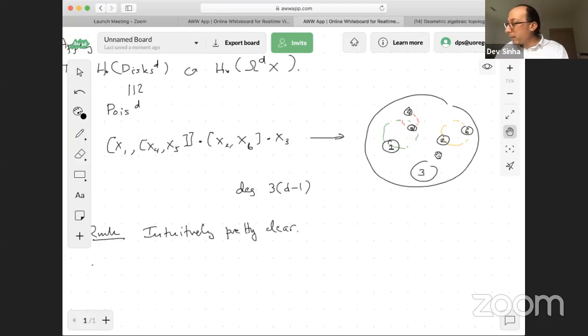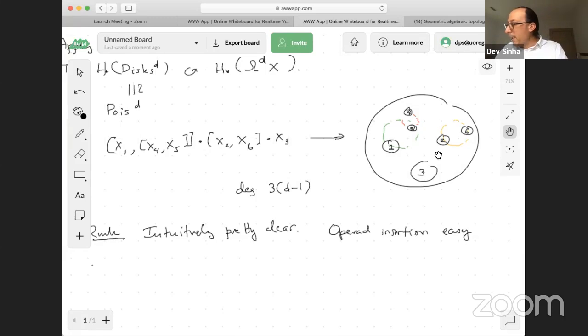And the basic operad insertion is not hard, is relatively easy.